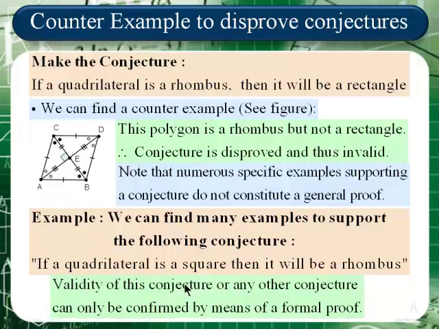The validity of this conjecture or any other conjecture can only be confirmed by means of a formal proof, and not by finding a lot of examples where it's working. Such a thing is simply an investigation pointing towards a particular conjecture, but the validity will only be established by means of a formal proof.